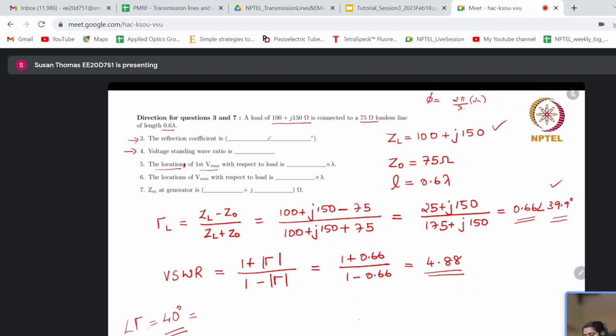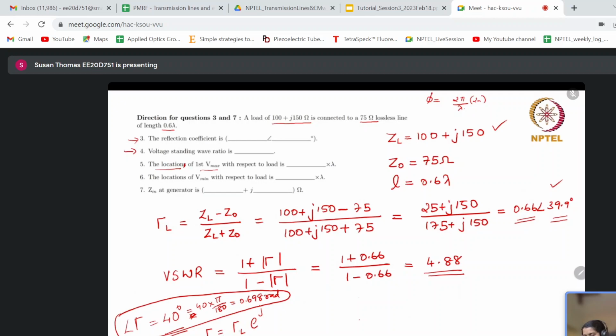Let me write gamma as gamma L e raised to j. Instead of 40, let's convert 40 into radians by multiplying by pi by 180. So this comes out to be 0.698 radian. So 40 degree is 0.698 radian.